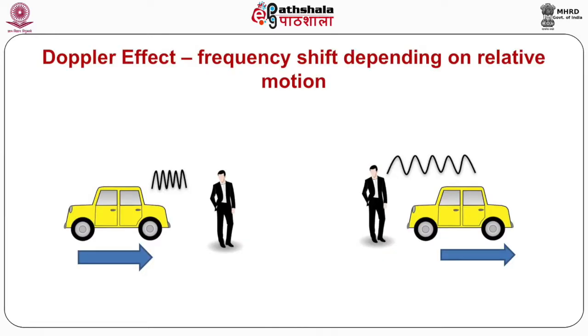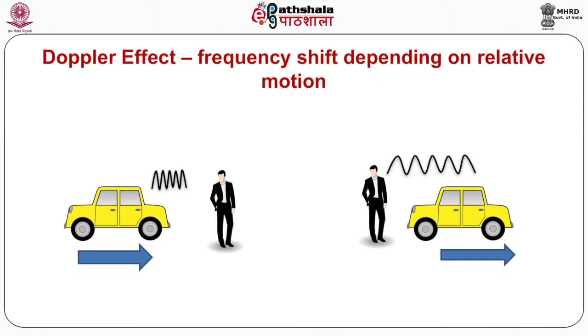Now, in this slide, we have demonstrated the phenomenon of Doppler principle using an example of a car and an observer. The car is honking the horn in two situations. Situation 1, when it is approaching the observer, as seen in this slide. Another situation, when the car is going away from the observer. Now in both cases, the frequency of the horn that will be perceived by the observer will be different.